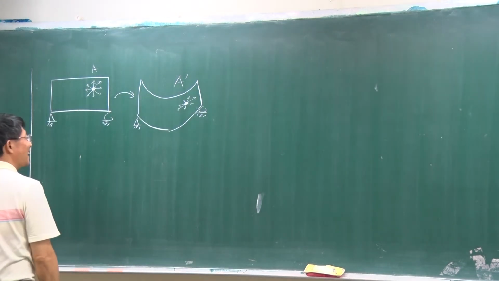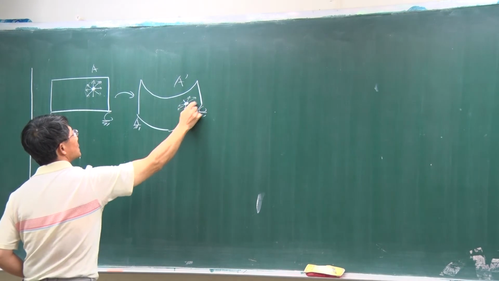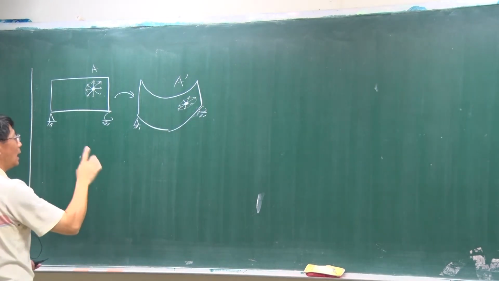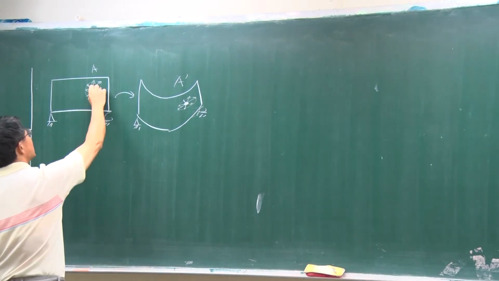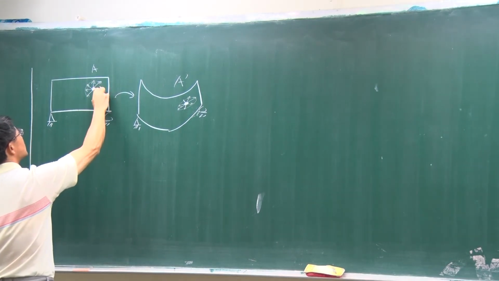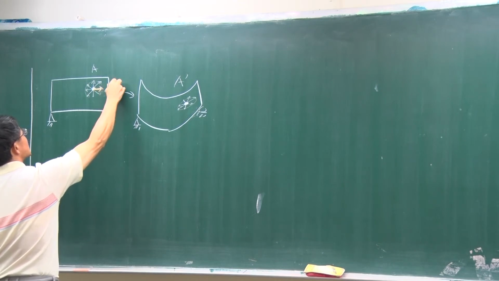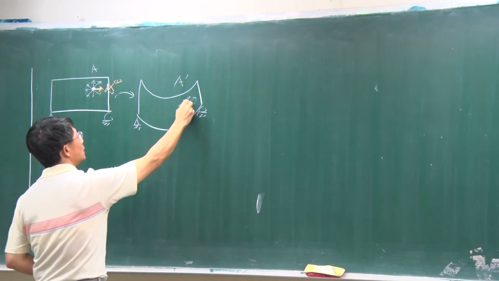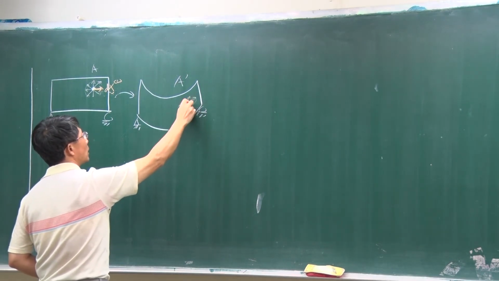This is a circle, and this is an ellipse. Now, what material line are we talking about? We are talking about this material line. It is not necessarily deformed in the principal direction.